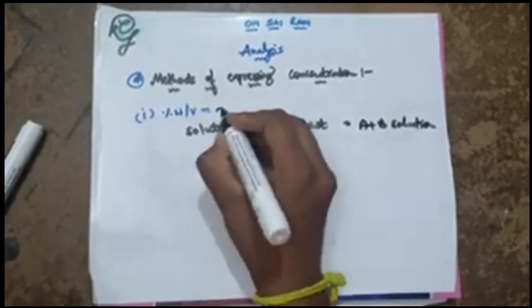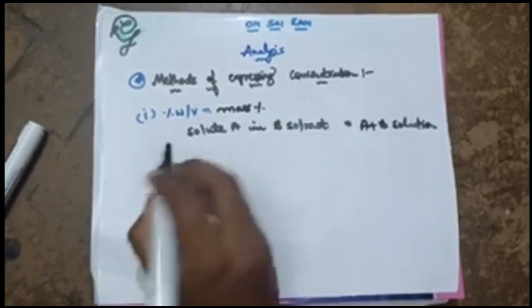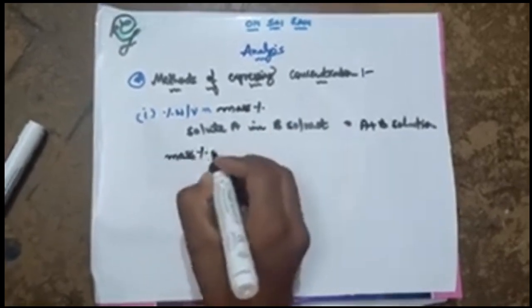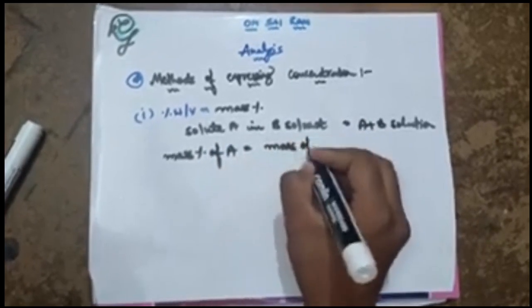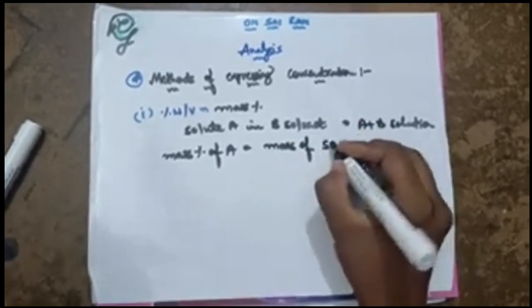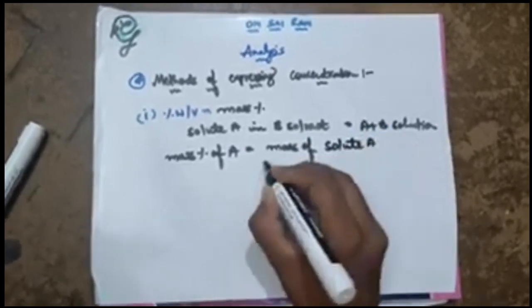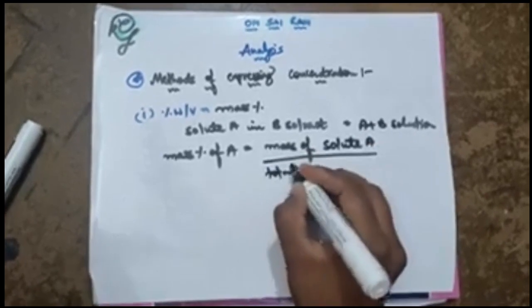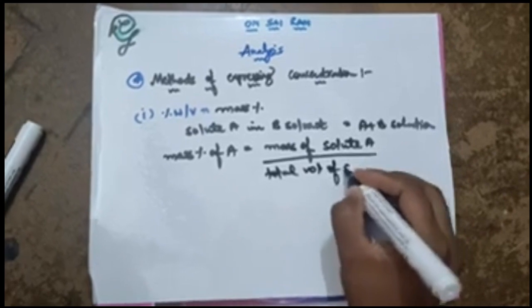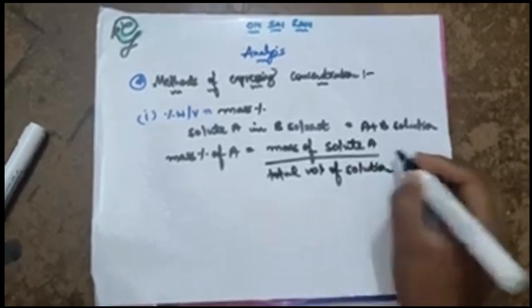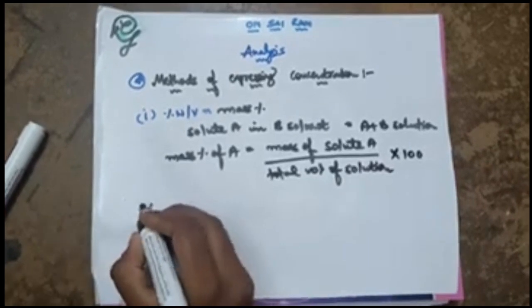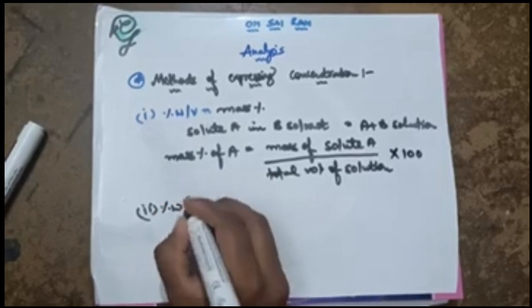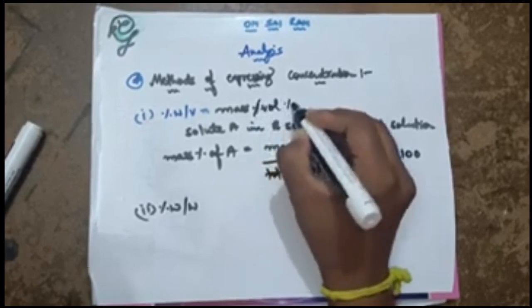The mass percentage of A is mass of solute A by the total volume of solution into 100. Oh sorry, I forgot, this is mass by volume percentage.